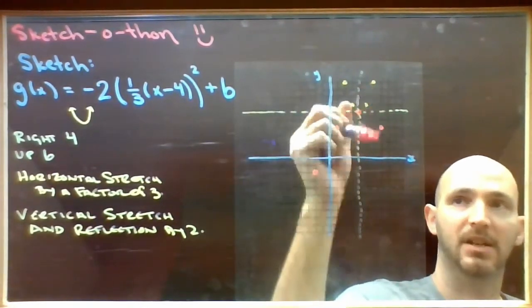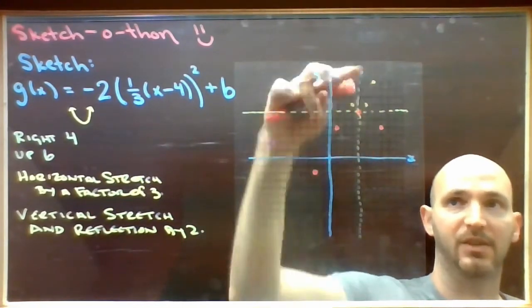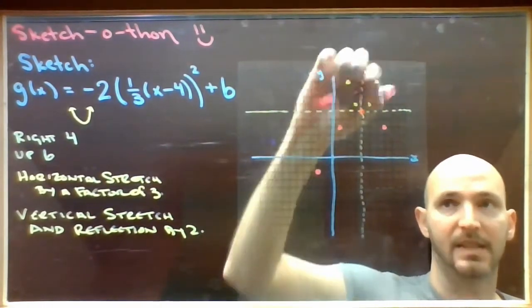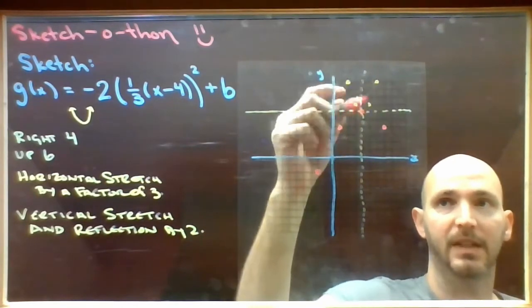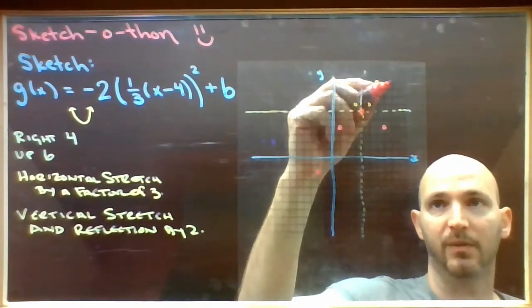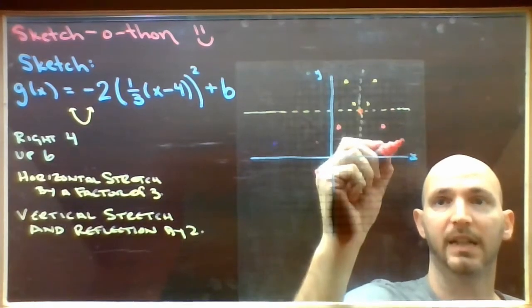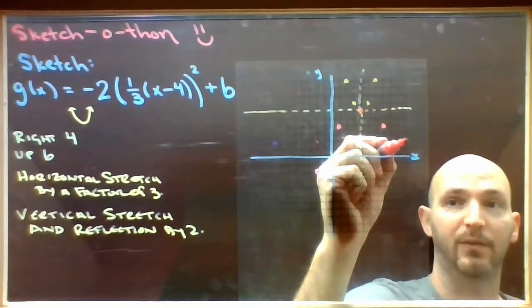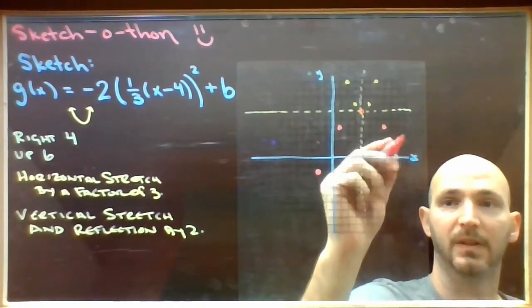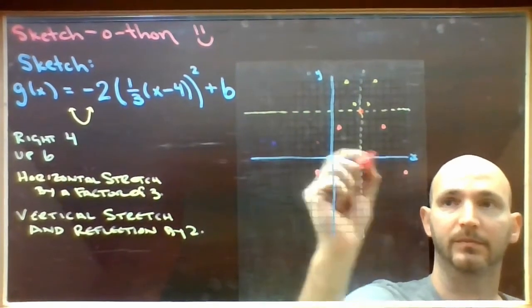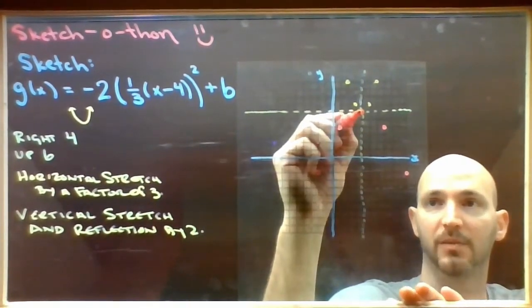Same will happen to this dot. Instead of 2, it needs to be 6. Instead of above, it needs to be below. And instead of 4, it needs to be doubled to 8. You can sketch in the parabola.